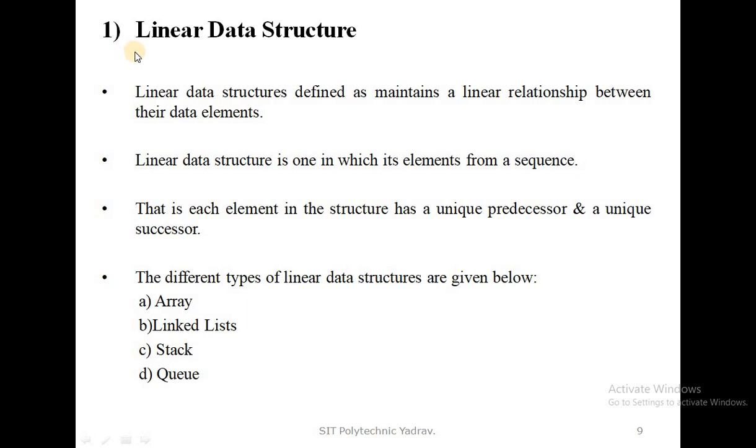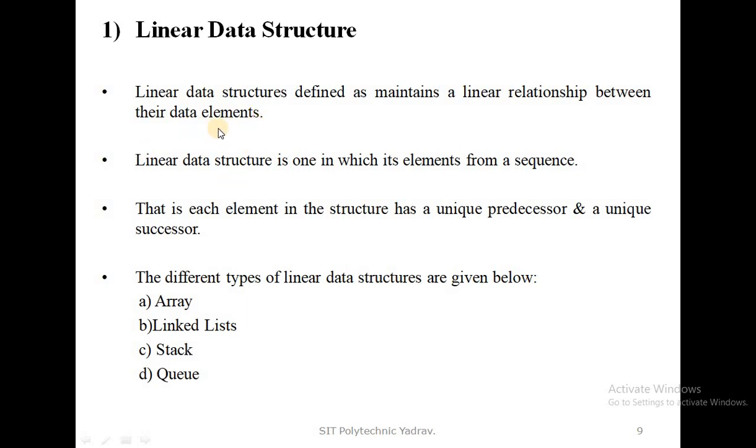Okay, we study the two main points, linear data structure and non-linear data structure. First, linear data structure. A linear data structure is defined as one that maintains a linear relationship between its data elements.